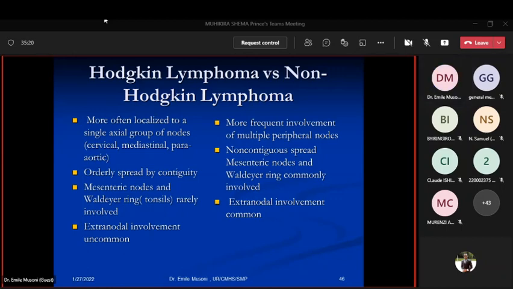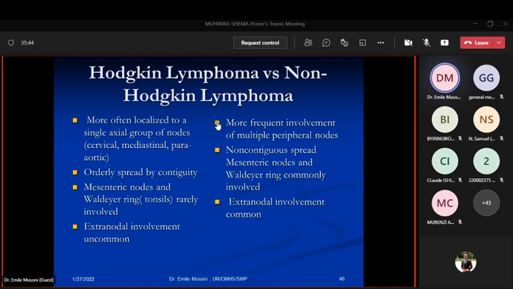Another comparison: Hodgkin lymphoma spreads by contiguity, whereas non-Hodgkin lymphoma shows non-contiguous spread. Contiguity means that the nodes are on the same position, whereas in non-Hodgkin they vary.